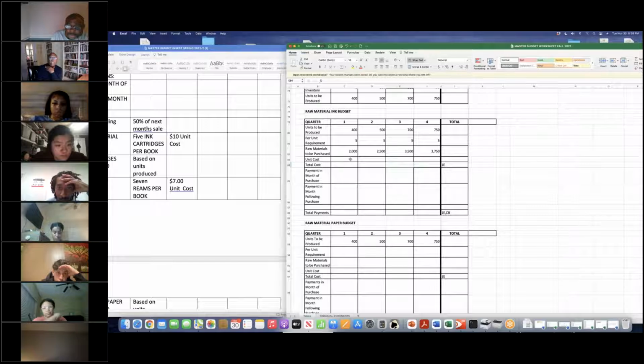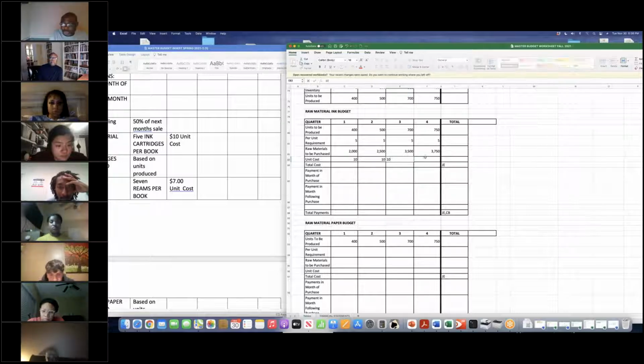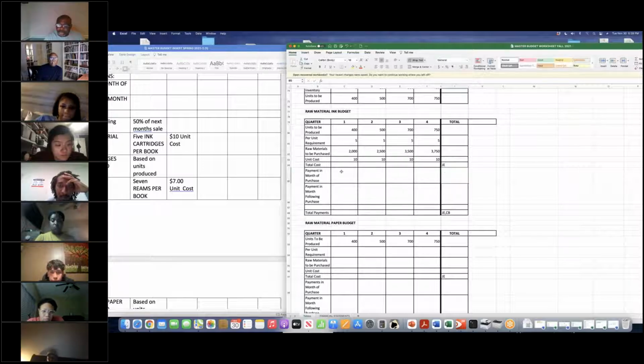What's our unit cost of ink cartridges? $10. Okay, they're $10 each. So that's the unit cost.